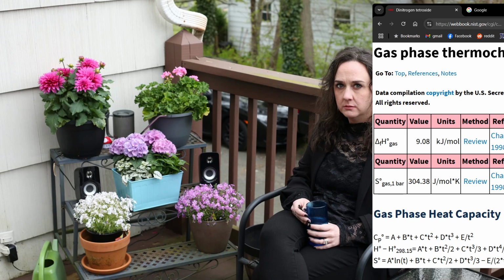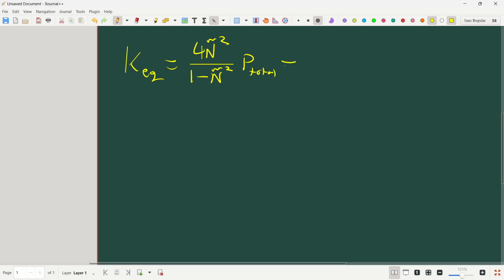Okay. One more. All right, so we have KEQ is equal to 4n squared over 1 minus n squared P total, and this is equal to e to the minus delta G of the reaction over RT.